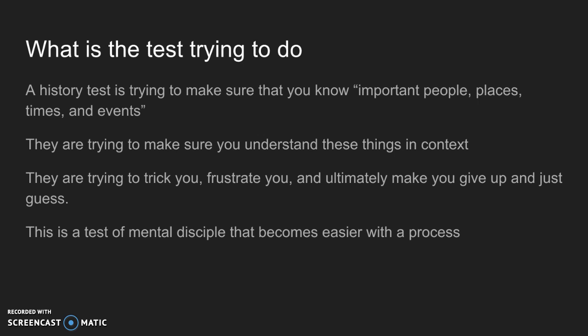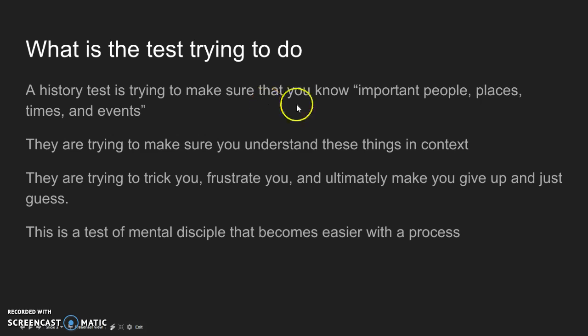So if it's the STAAR test, the state of Texas gets to decide what is important. You might think that it's important that Jamestown survived by eating each other. But the state of Texas says that it's important that you understand that Jamestown was the first permanent English colony in the New World founded in 1607. I think the other one's more interesting, but that's not what the state agrees with.